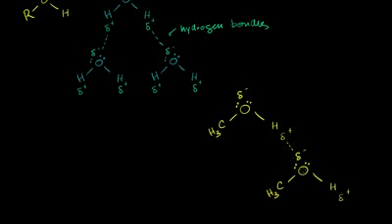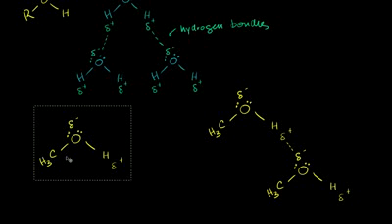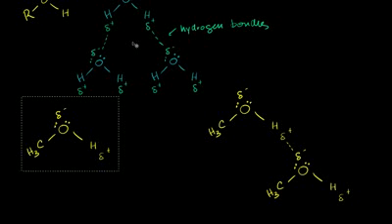Now, because methanol can have hydrogen bonding, and it has this slight polarity to it, and water obviously has hydrogen bonding, methanol is actually miscible in water. And all that means is that it's soluble in water in any proportion. No matter how much methanol or how much water you have, it is soluble. So if I were to draw some methanol molecules, maybe this is the water right here.